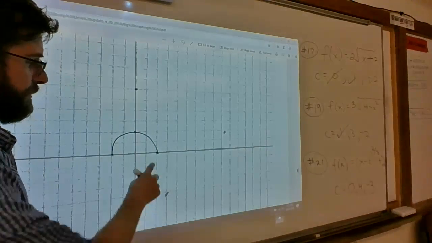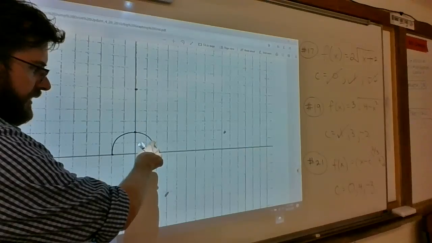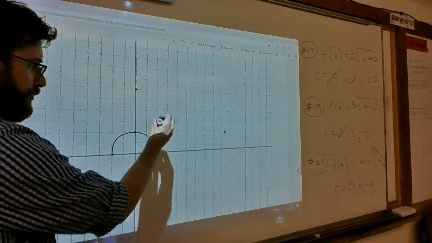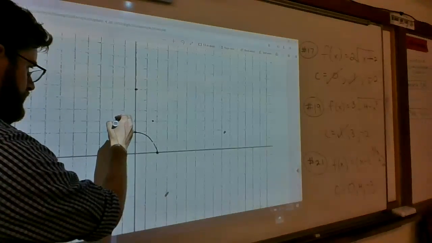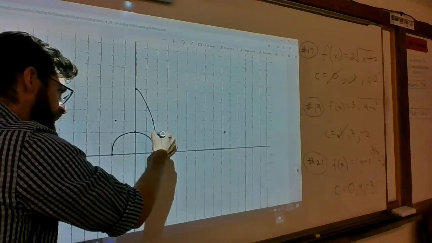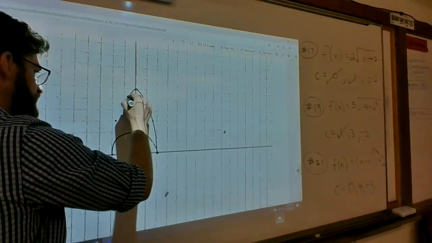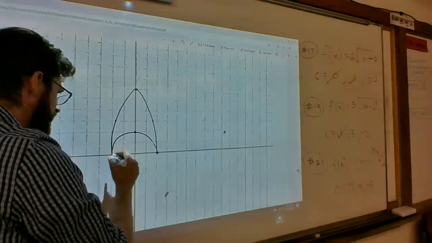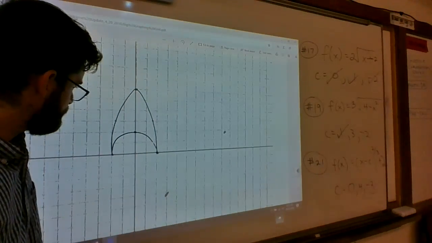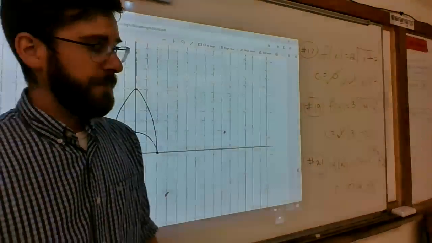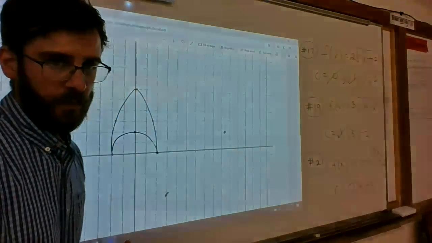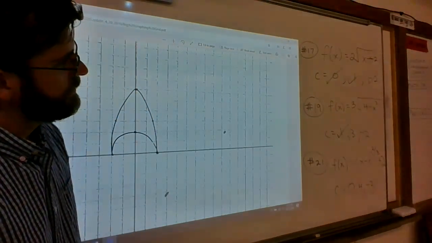And if you just picked a random point anywhere here, so let's say at this value it's 1, now that value is at 3, and you get kind of an elliptical figure there. So yeah, putting a coefficient that's not 1 in front of there really changes things.